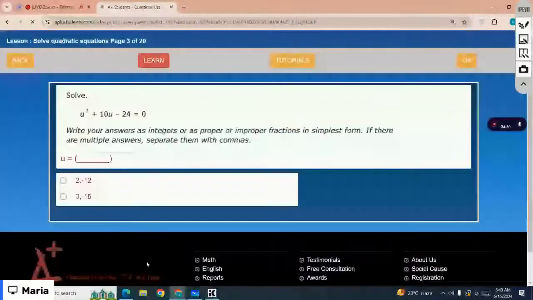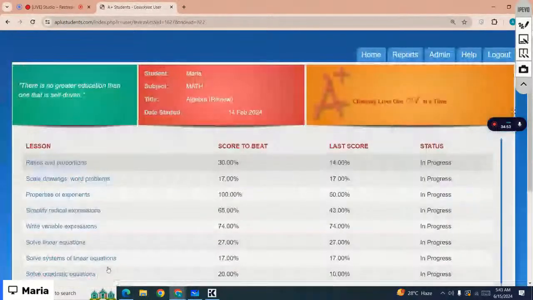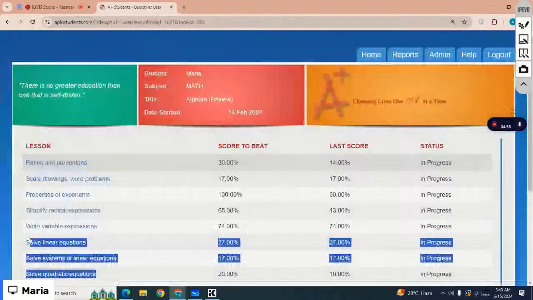So we were working on solve linear equations, solve system of linear equations, solve quadratic equations. So please make sure before the next session you complete all the practice questions for the lessons we did today. That is your homework until next session.